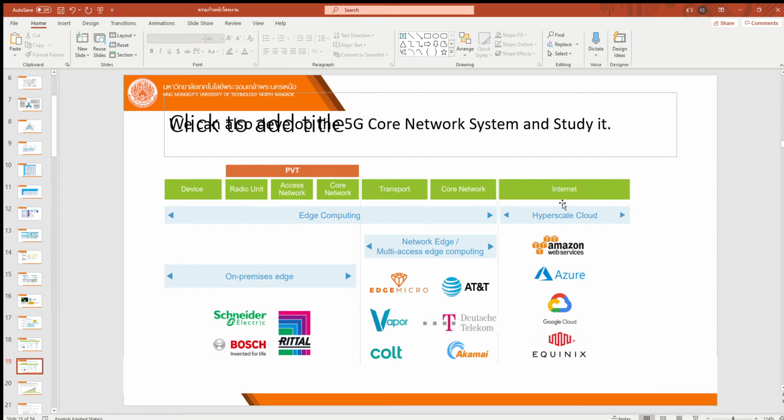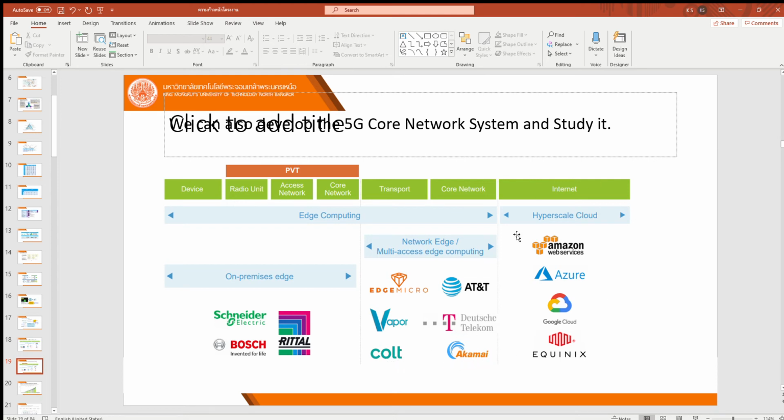So in part of the radio unit, the access network and core network, we have many kinds of companies to use, like Schneider Electric, Bosch, Rituals, and for transport you can use the transport from HMicro, AT&T, Vapor, Telecom, Code, and Akamai.